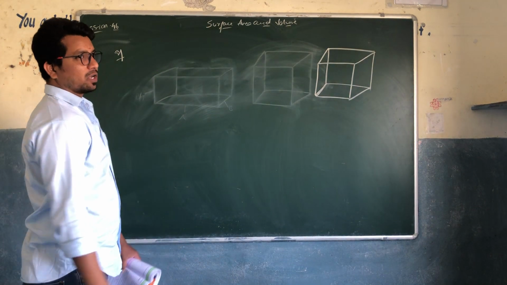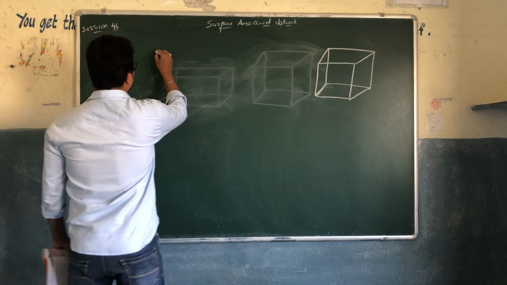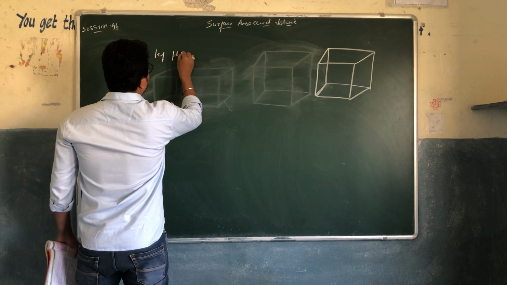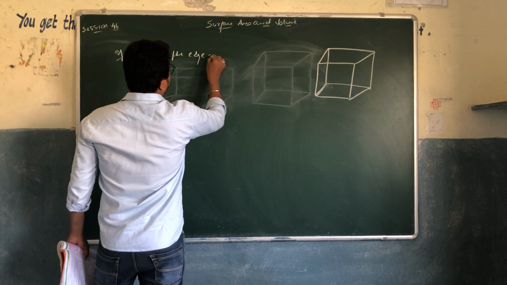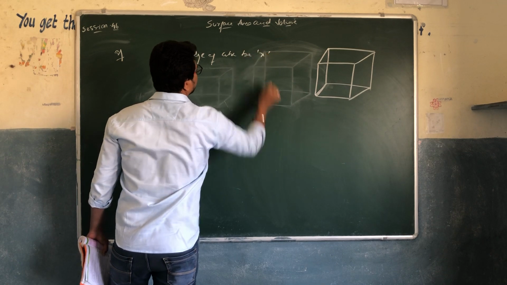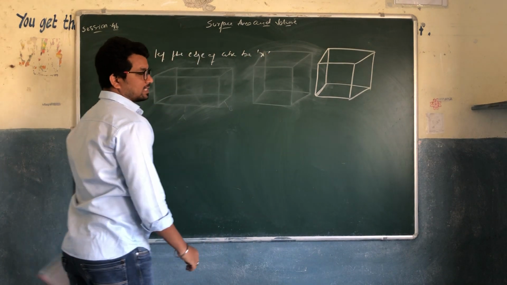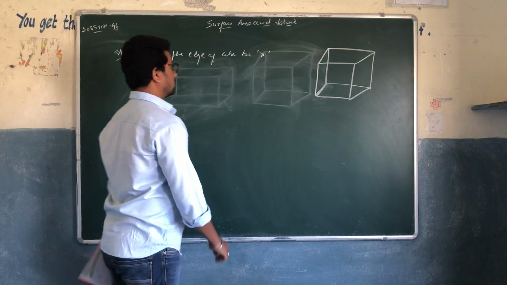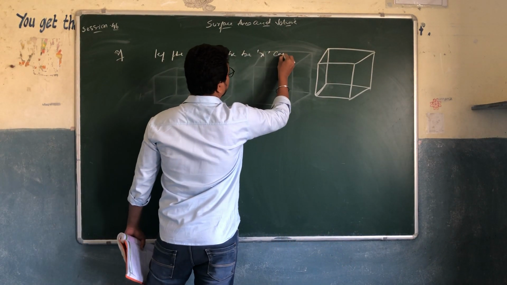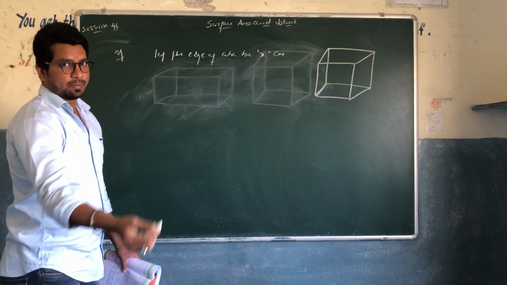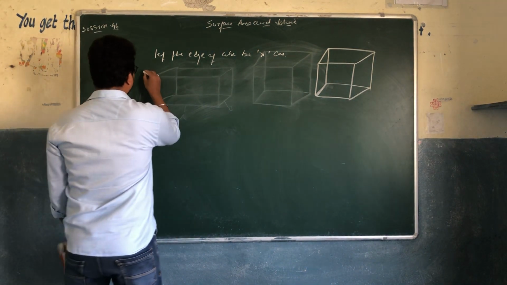First, we don't know how much it is, right? Let the edge of cube be x. First, let us take that edge to be x centimeters. Then, each edge is doubled.